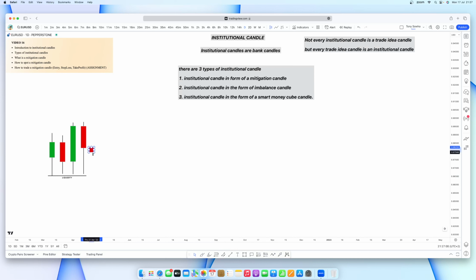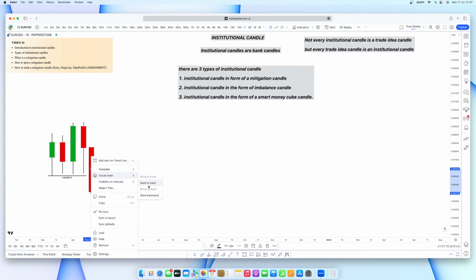At some point the candle was selling, selling, selling, and then sold down, took out the liquidity. And then price started to reject, and reject, and then price stopped here.